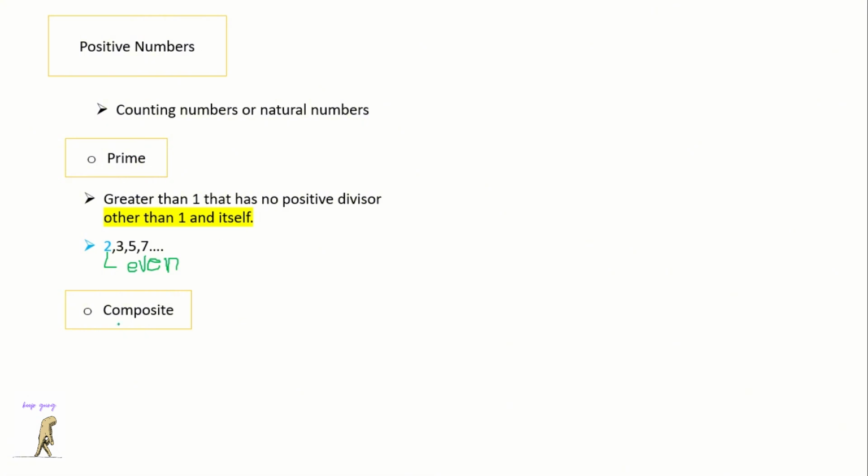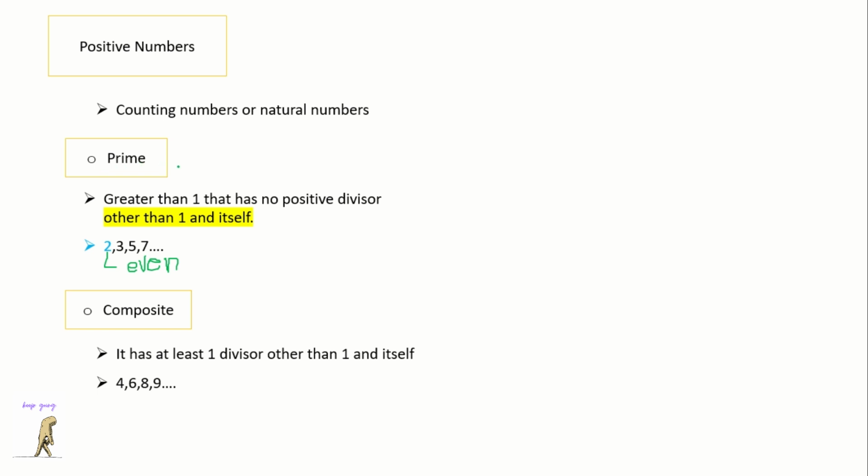Okay, let's go to composite numbers. A composite number has at least one divisor other than 1 and itself. Examples are 4, 6, 8, 9. For example, 4 can be divided by itself, by 1, and by 2. So that's the difference between prime and composite.